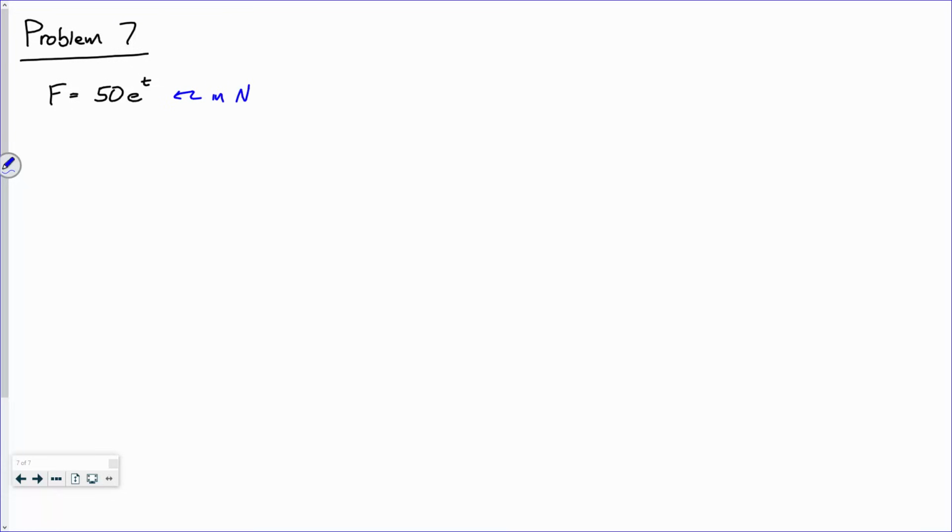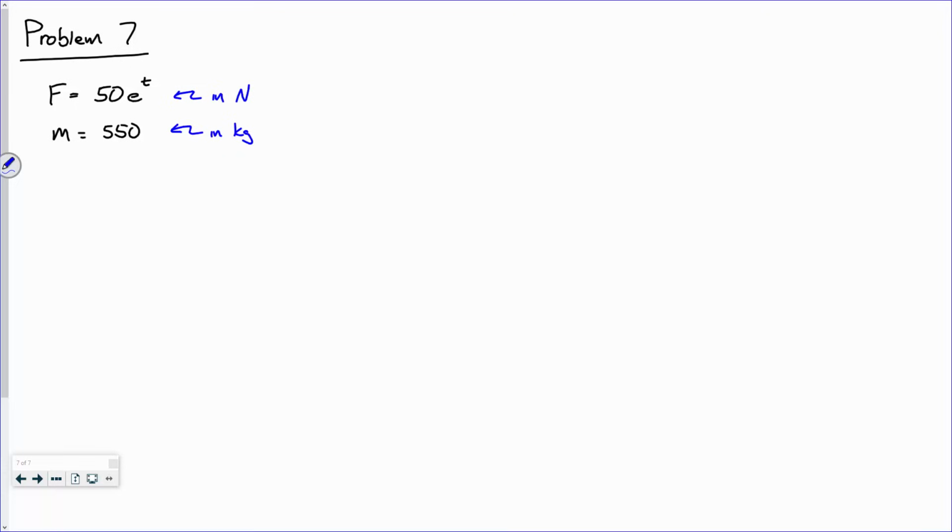And our mass, which is 550, is in kilograms. So I'm going to be pretty fast and loose with the units since everything's already standardized. When we express a velocity, it's going to be in meters per second. When we express an acceleration, it's going to be in meters per second squared.